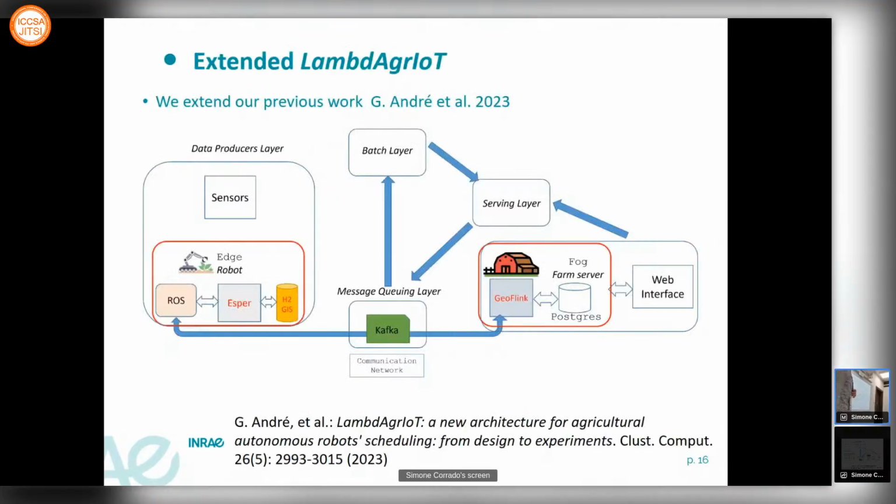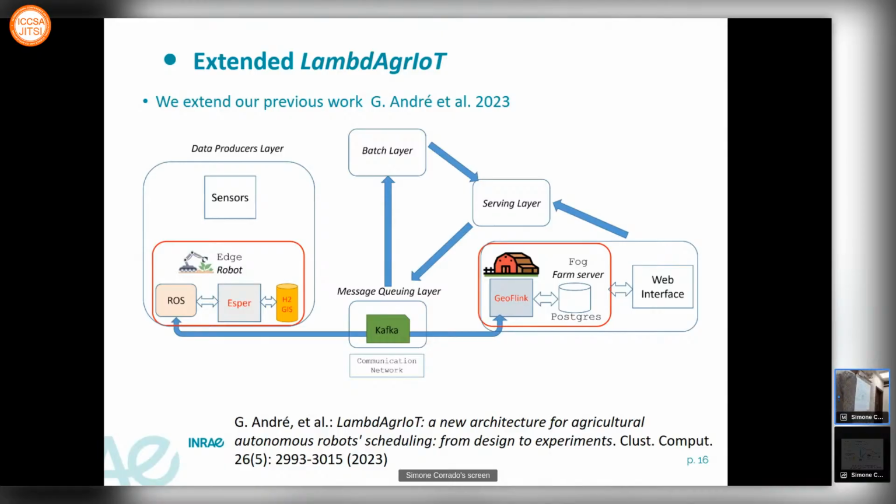And why? Because it allows you to reduce communication time. In a previous paper we defined this architecture. There are a lot of layers and components, and I won't provide details about those.